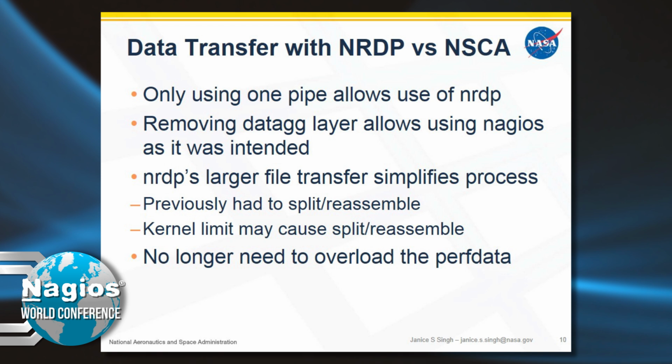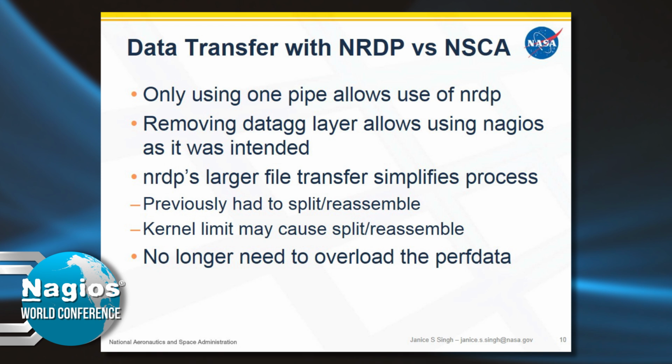The other thing is that, with NSCA, or I'm not sure if it really was a drawback of NSCA or just the way the person who originally did it designed it, he overloaded the performance data section. For those who are new to Nagios, when you send output, after your output there's a pipe symbol, and then this portion is called performance data.